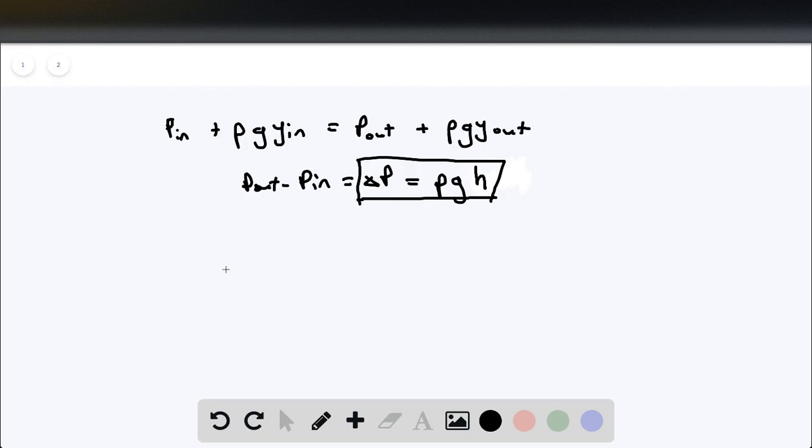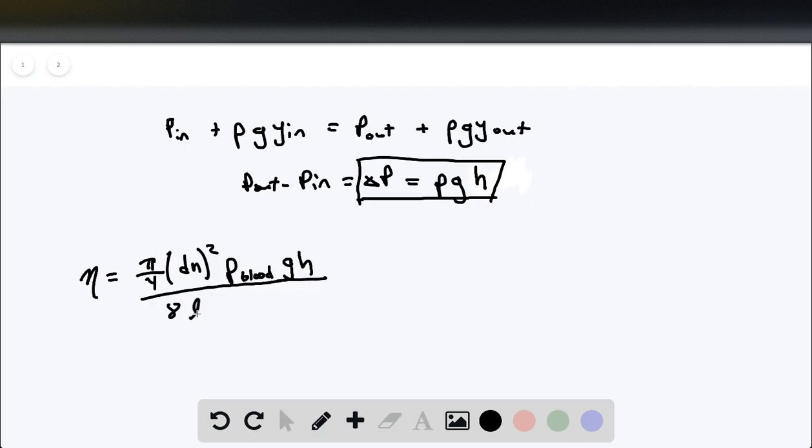So we can then write this equation for eta as d squared over 2 squared, so that's pi over 4, delta P is, and this is rho, the density of blood, so that's a constant we can look up. So now we have an equation for the viscosity in terms of known variables.